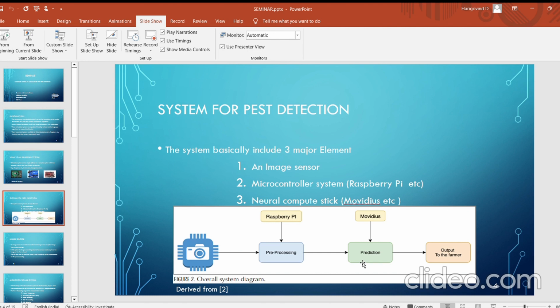The Pi is used for the pre-processing, which I will explain later, along with everything else included in it. The pre-processing stage is done by the microcontroller system, and most of the classification is done in this stage. Pre-processing is a very important stage here.